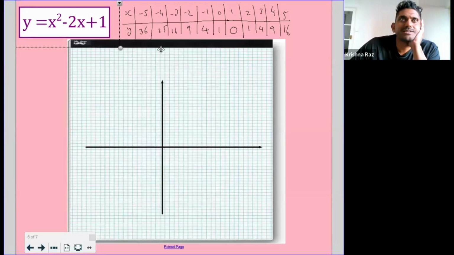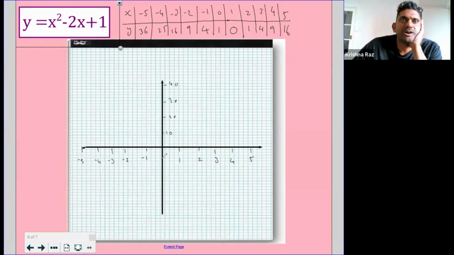My y-axis has to go up to 36. This is not going to be the best graph, but it's better than nothing. 30, 40. And the x-axis goes between 1 and 5, and -1 to -5.